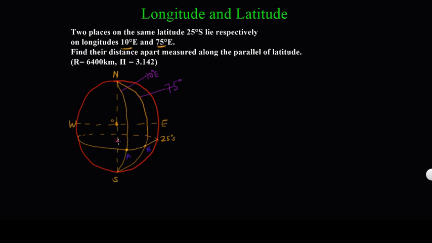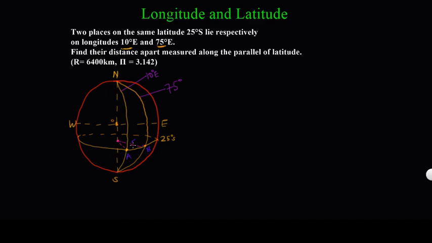That means from the center of this small circle to any of these points A or B, the distance there is the radius for that small circle, which is represented with small letter r. It is not the same thing as the radius of the Earth. So from here to here is the same thing as from here to here, which is small letter r. That's the radius of this small circle.